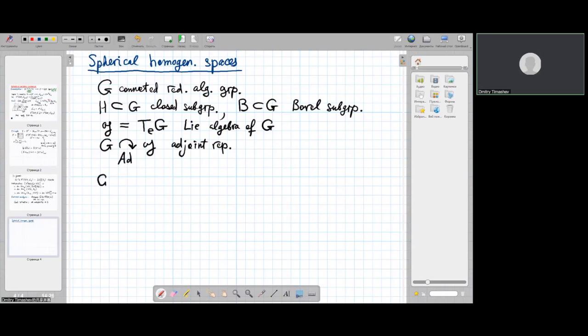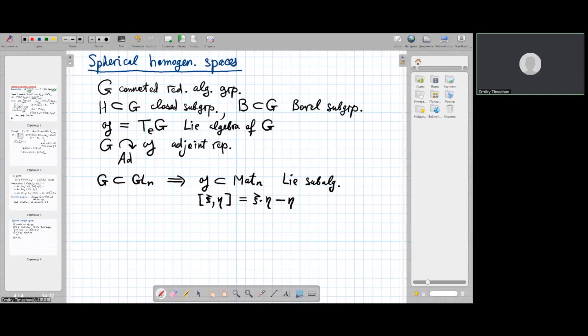So if G is embedded in some GL_n as a closed subgroup, then, as I said, small g is a Lie subalgebra in the algebra of n by n matrices, where the commutator in this Lie algebra is given by the usual formula, the product in one order minus the product in another order, for any psi and eta in small g.